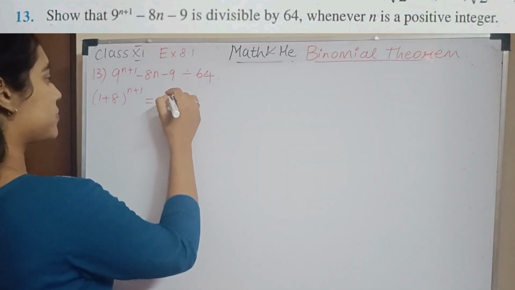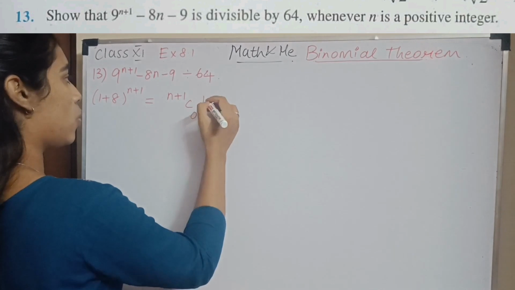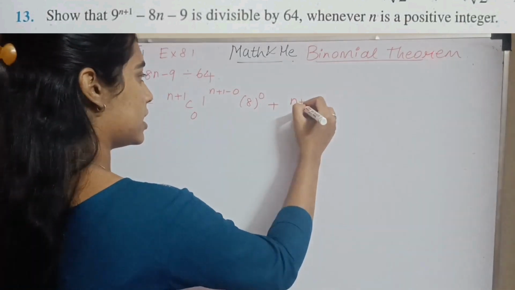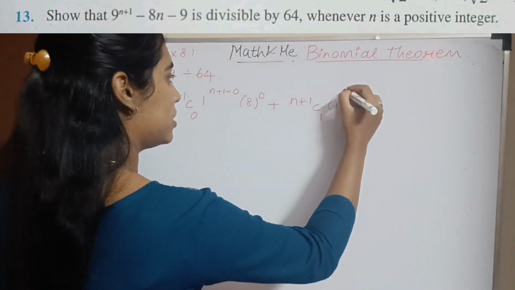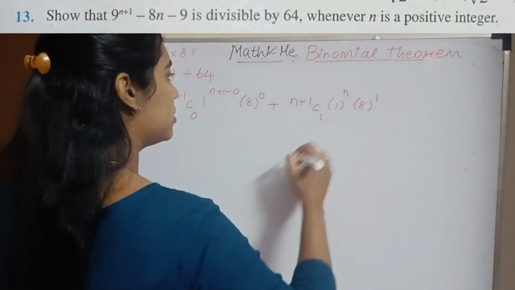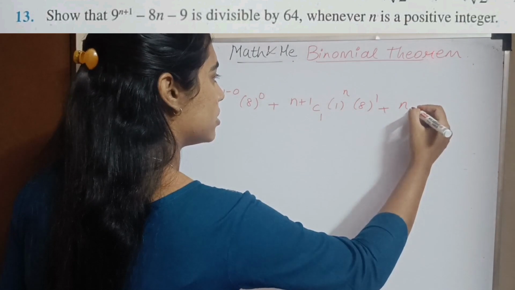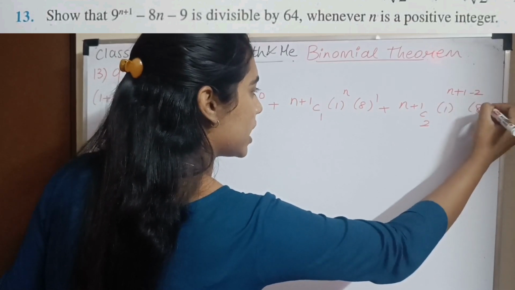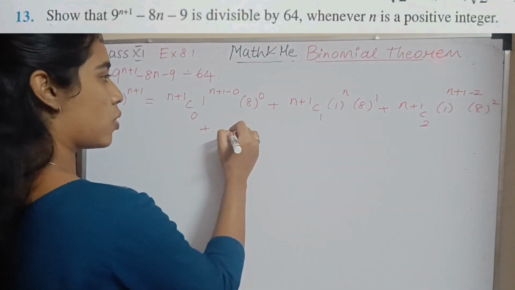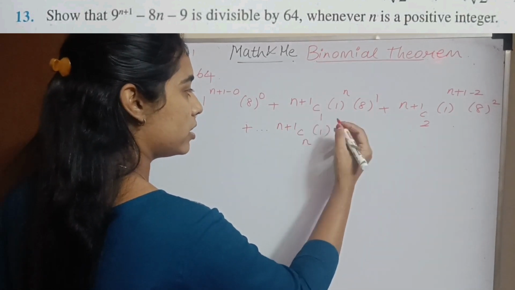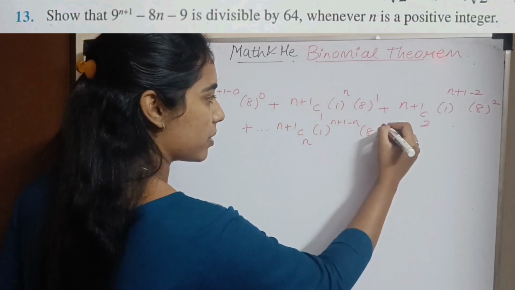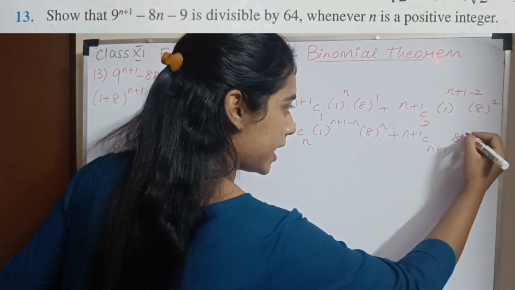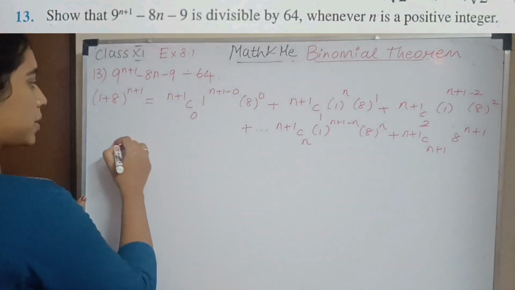So I can write this as n plus 1 c0 1 to the power n plus 1 minus 0, 8 to the power 0, plus n plus 1 c1 1 to the power n plus 1 minus 1, 8 to the power 1, plus n plus 1 c2 1 to the power n plus 1 minus 2, 8 to the power 2, and so on, plus n plus 1 cn 1 to the power n plus 1 minus n, 8 to the power n, plus the last term n plus 1 c n plus 1, 1 to the power 0, 8 to the power n plus 1.